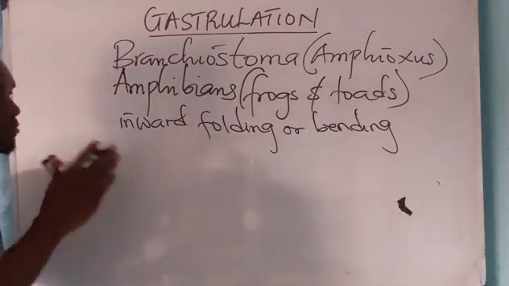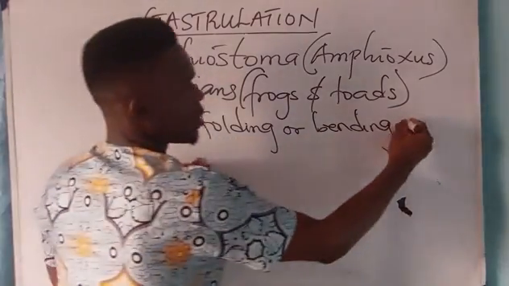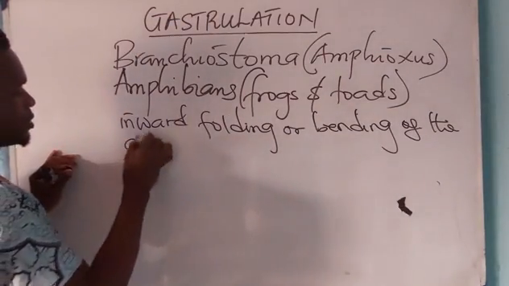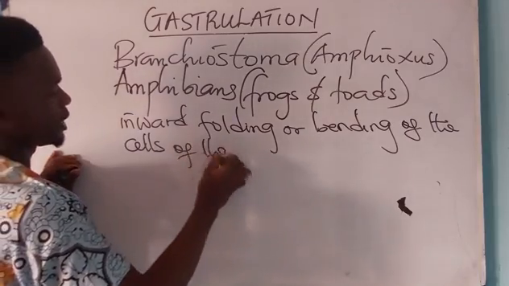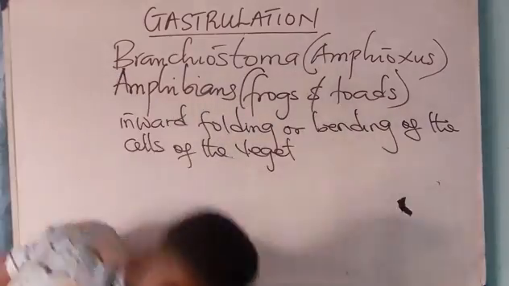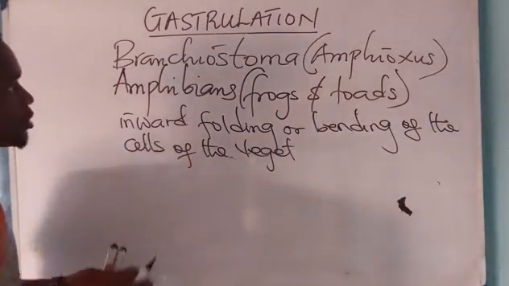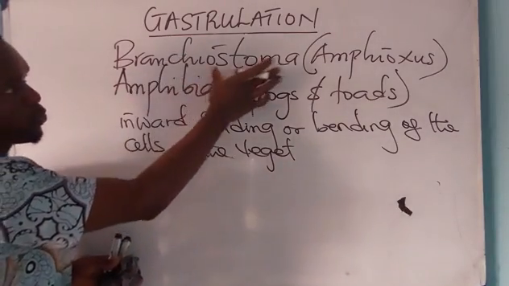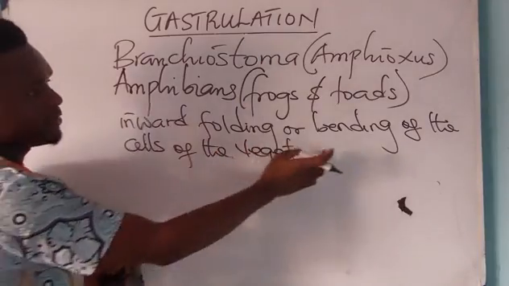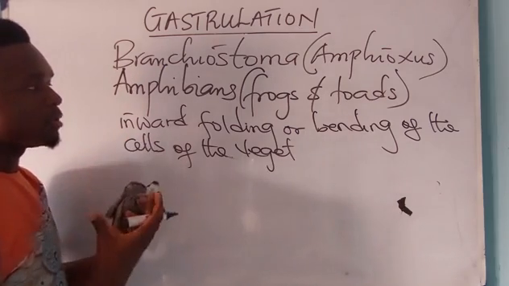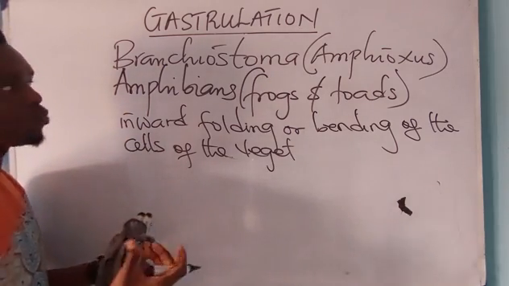It is the inward folding or bending of the cells of the vegetal pole. Let me not use that word for now, because in branchiostoma the vegetal pole is able to invaginate, that is, bend inward.